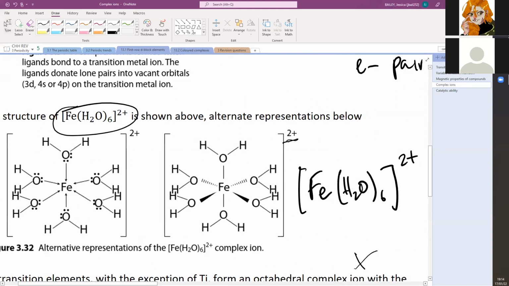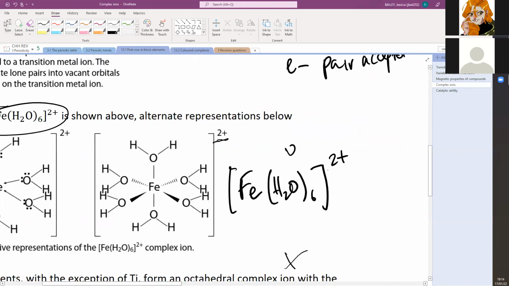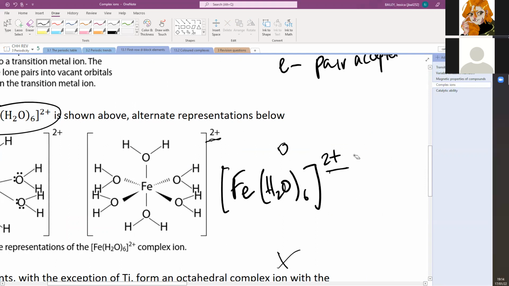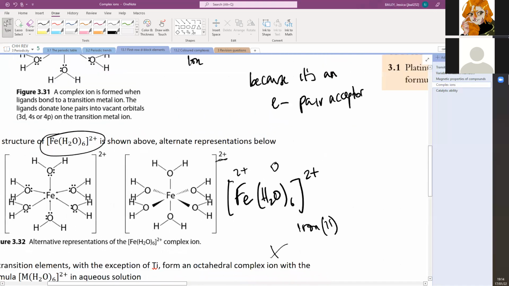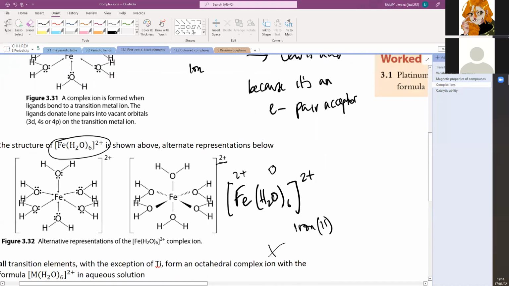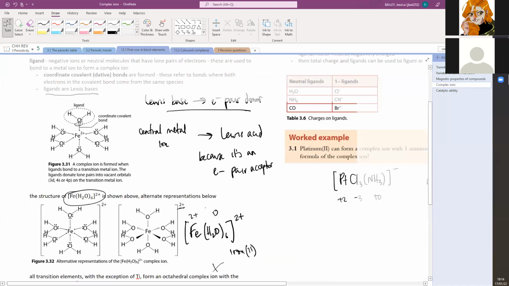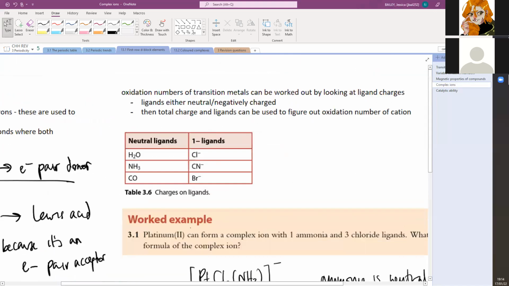This has a zero charge. But this number here tells me that it's overall got a 2+ charge. And so that 2+ charge can't be coming from the water. So it has to be coming from the iron. And so I know that here I have iron 2+ in my solution.